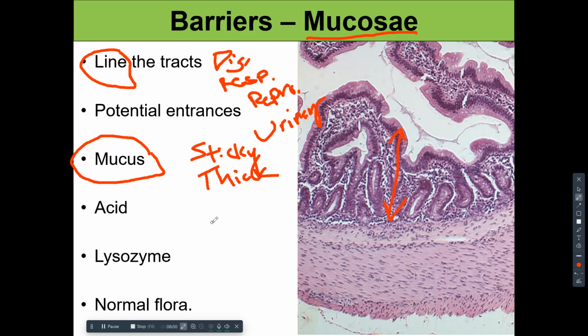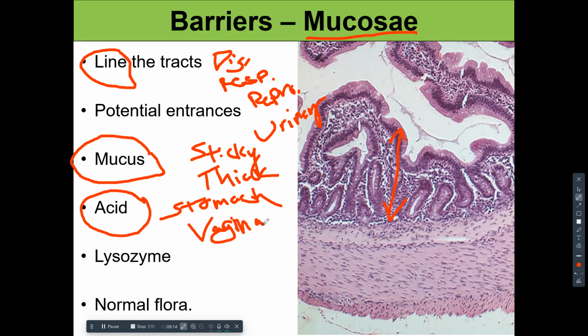Now, mucus can also be acidic, especially in organs like the stomach. The gastric mucus there is really acidic, but also the vaginal mucus is acidic as well. The mucus from the mucosae also contains this antimicrobial enzyme called lysozyme, which we were just talking about.